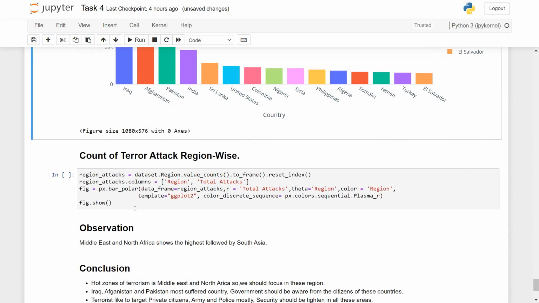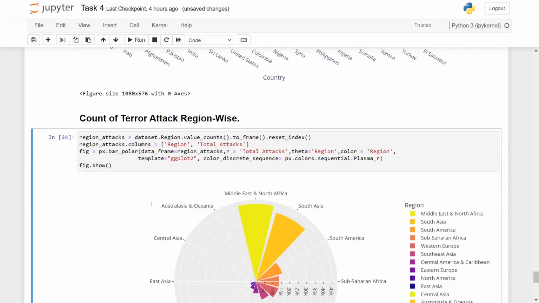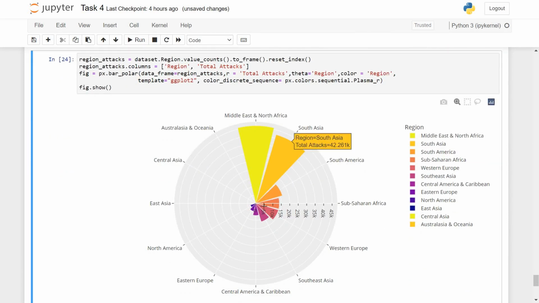After that I am going to count terror attacks region wise. This is the region wise terror attack count. For example, this is the total count for North America, Eastern Europe, and Central America and Caribbean.